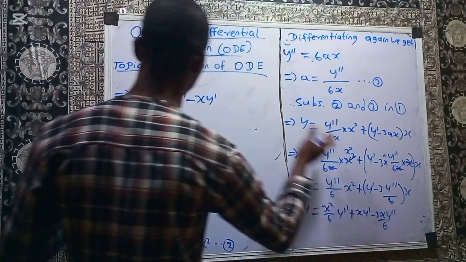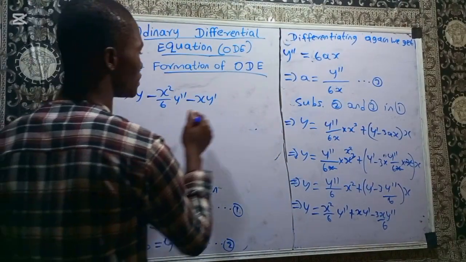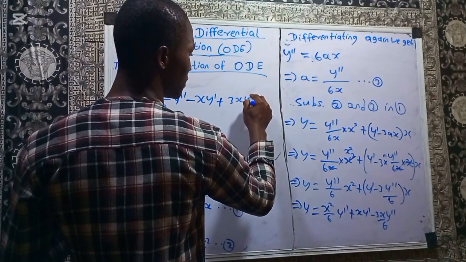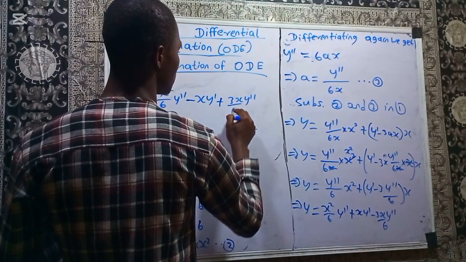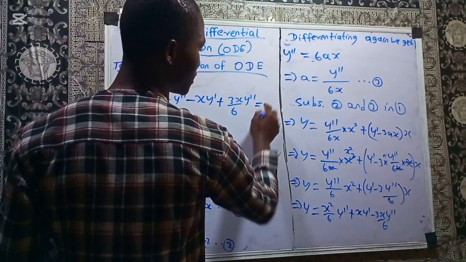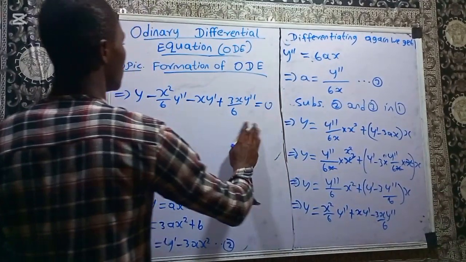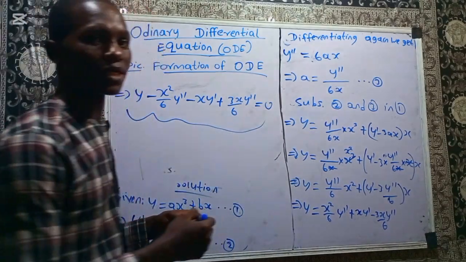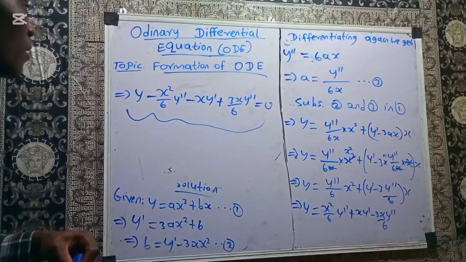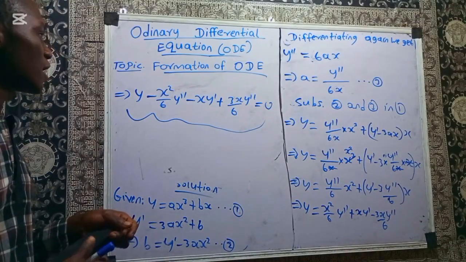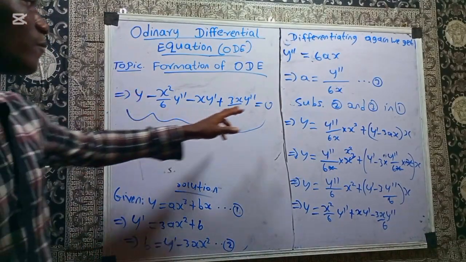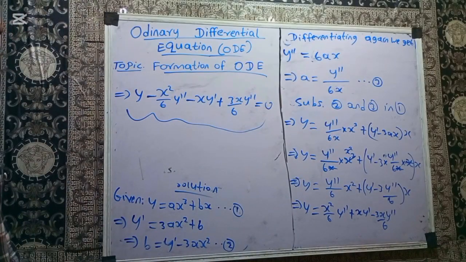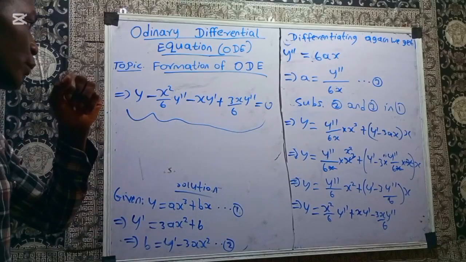This last term will come to the left hand side, change to positive because we have a negative sign, plus 3x y prime prime over 6. Then nothing is remaining at your right hand side, equal to 0. So this is the required ODE. We have formed this ODE, and this ODE is an ODE of order 2. Our independent variable is x.